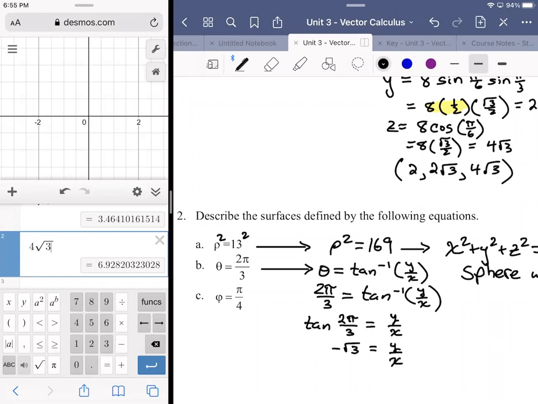Right? So if we know that theta in spherical and theta in cylindrical are going to be the same, then we're really just assuming, okay, well, we've already mentally made the shift from spherical to cylindrical. Now it's just a matter of converting from cylindrical or polar over to rectangular, and we get what appears to be a linear equation, but it's a surface.